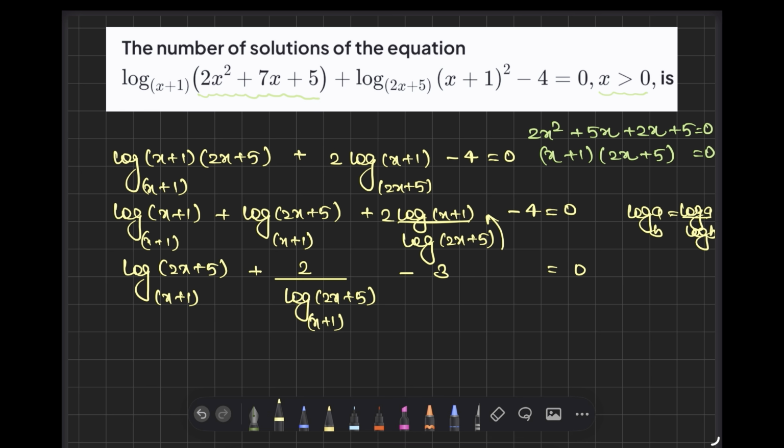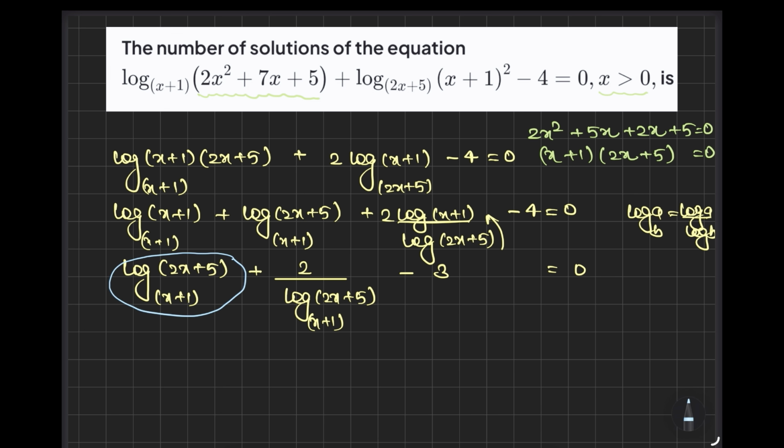Okay, I hope till this part you guys are okay. Now what I will do, I will take this component as y. So we will be left with y plus 2 by y minus 3 equals 0.